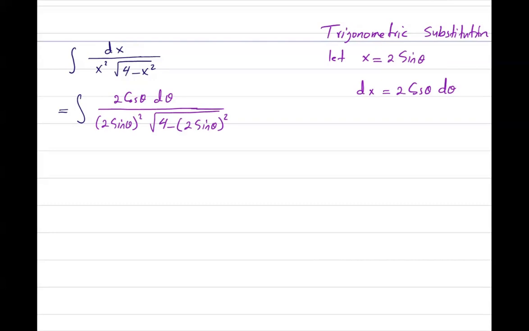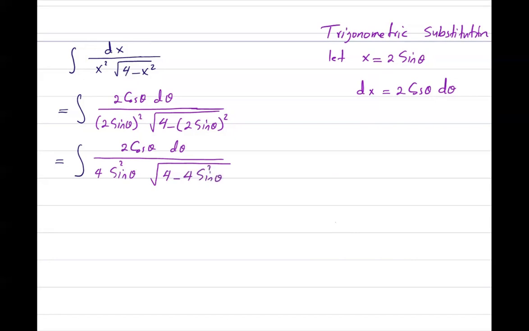Maybe you can get rid of some of these trig functions. So here we go. We have the integral of 2 cosine theta d theta divided by 4 sine squared theta, and the choice of 2 sine theta helped me to factor out 4, because I end up with 4 minus 4 sine squared of theta.